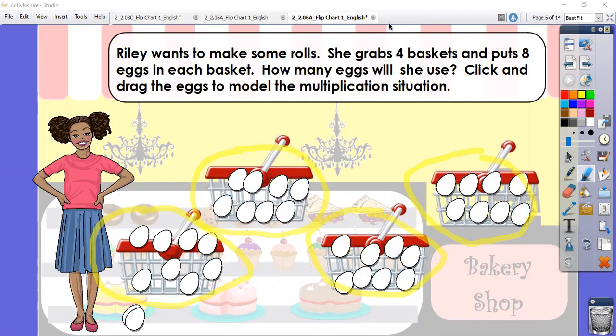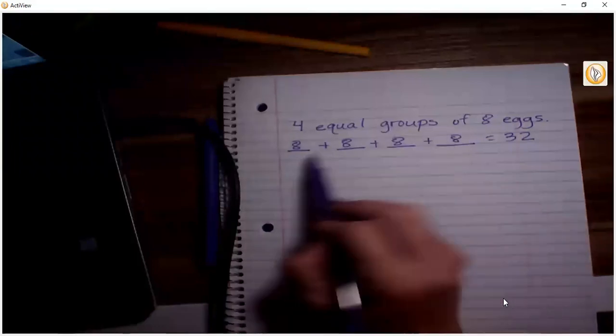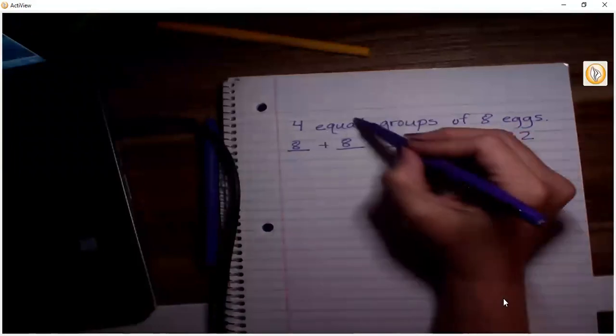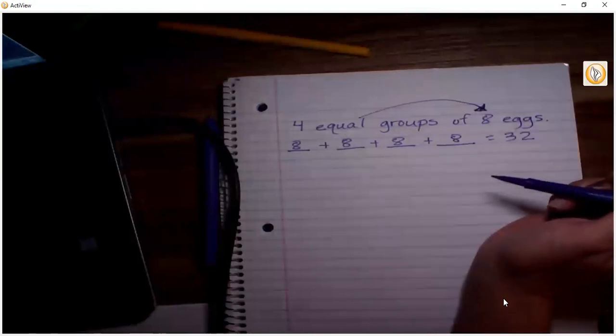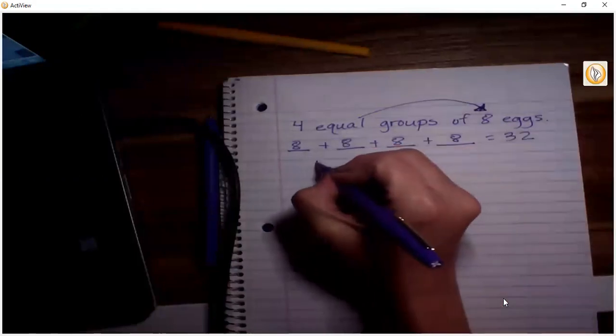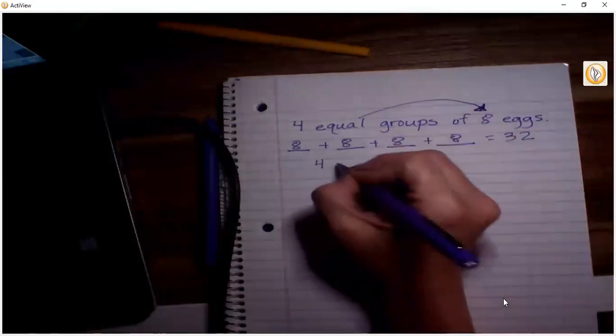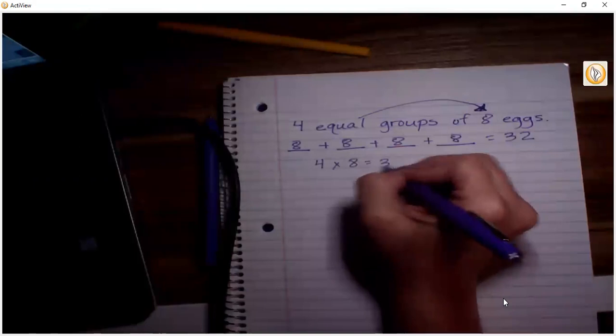So that was correct thinking. I have 4 equal groups. Equal tells me they all have the same number in them. They all have 8. 8 plus 8 plus 8 plus 8 equals 32. This is also the same as saying 4 times 8 equals 32.